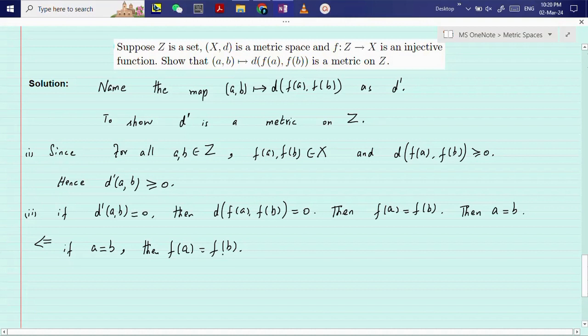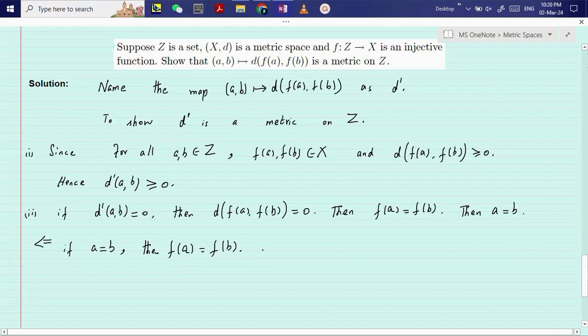F is a map, and a map is obviously a well defined relation. So what does it mean? If A and B both are equal, then the images f of A, f of B are also equal.